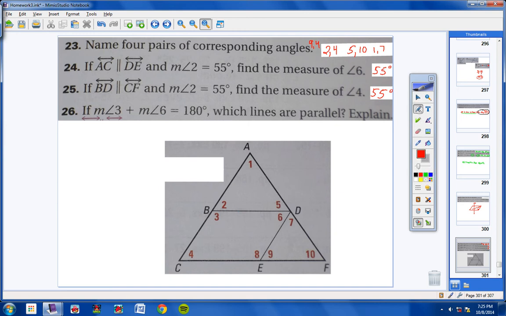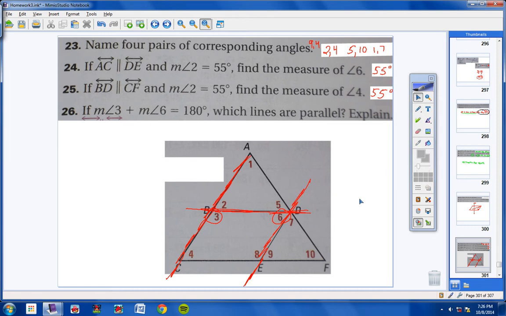We're dealing with angle 3 and angle 6. Well, those are the two angles that should be on the transversal. So BD's your transversal. Well, guys, if BD's your transversal, then the two lines it's intersecting would be this line here and this line here. Now that helps a lot, okay?